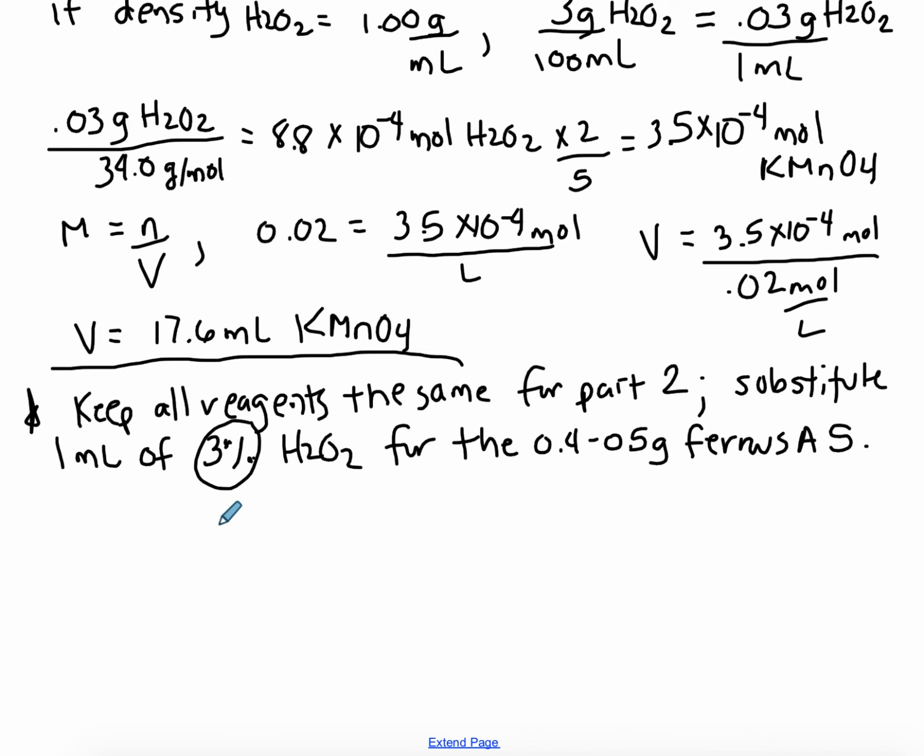You'll still use whatever volume of water you used in part A, whatever volume of your sulfuric acid you used in part A. The only difference is this gets substituted for this. So go ahead and work the back calculation so you have a sense of this for yourselves.